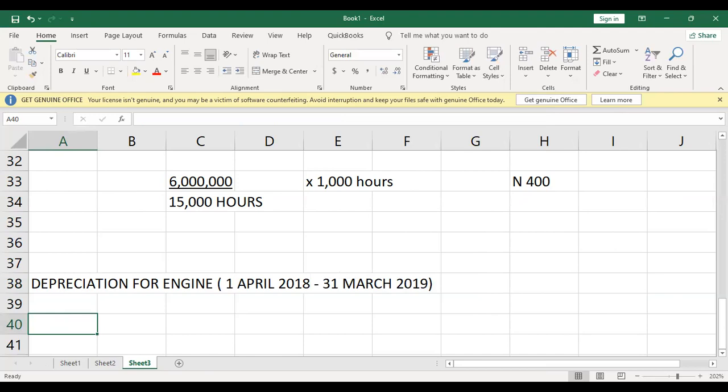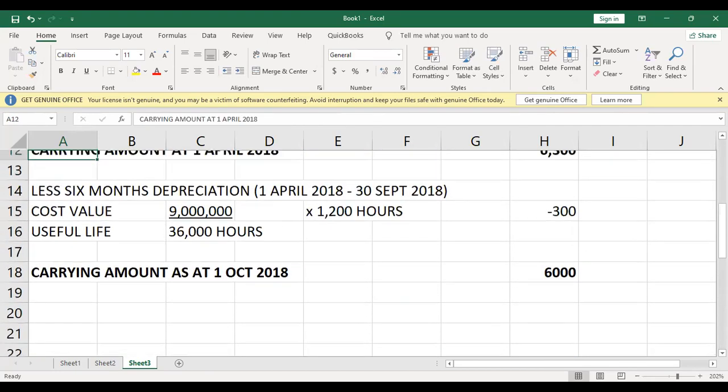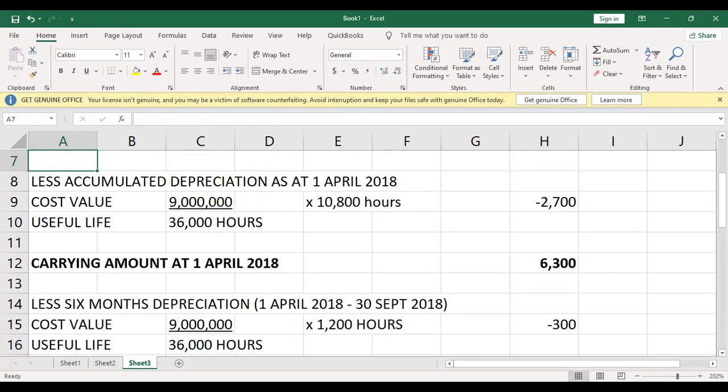The first depreciation, we've already done it. I'm just picking them into this one. This one was 2,700. No, this is accumulated depreciation. That is the one that ended as at 1st April 2018. So the one we're picking is from 1st April 2018 to 31st March 2019, because our financial statements are dated at the end of 31st March 2019.